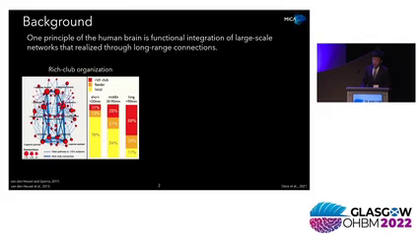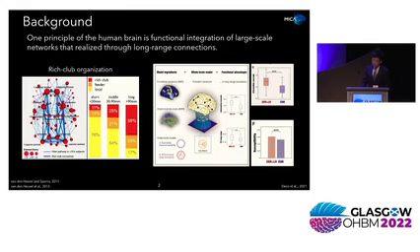A previous study found that rich club hubs connect to more brain regions, which is important to the brain network. Another study found that rare long-range connectivity is crucial to significantly improving information processing and susceptibility.